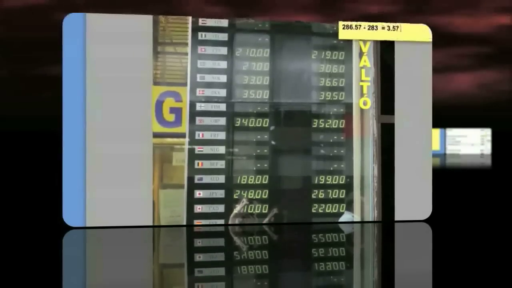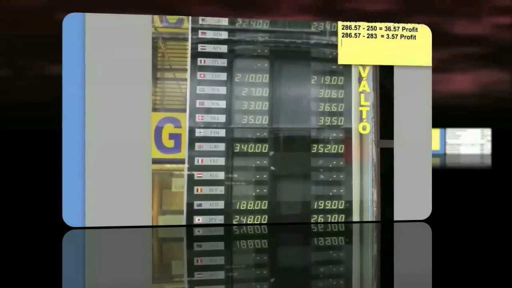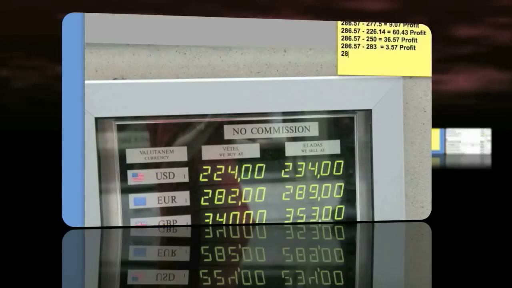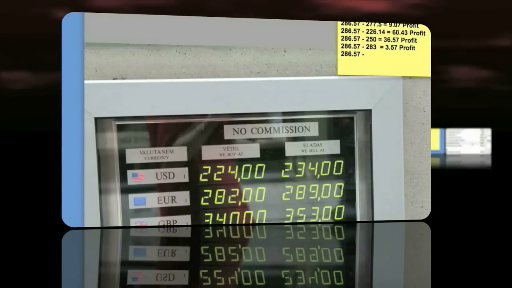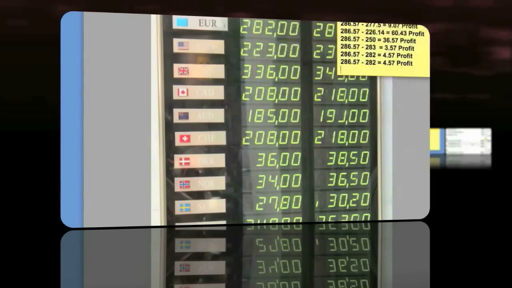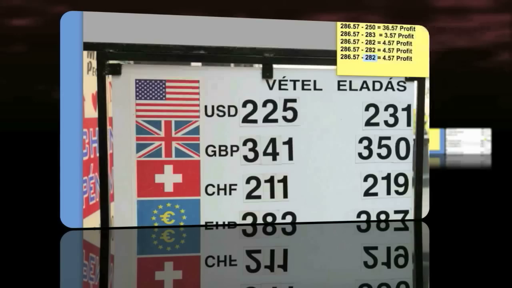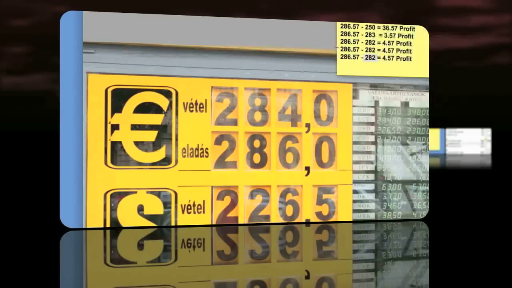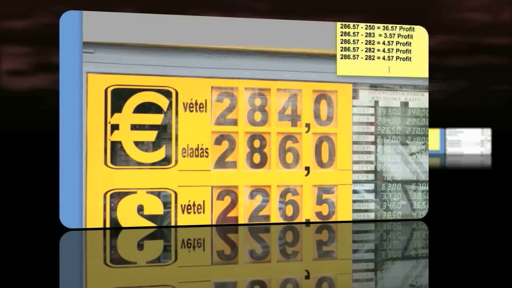Here only 3.57 forints, not as bad as the previous one. The best currency exchange rate we could find in Budapest was near the Blaha Luisa Square. Here they made only 2.57 forints profit on each euro.